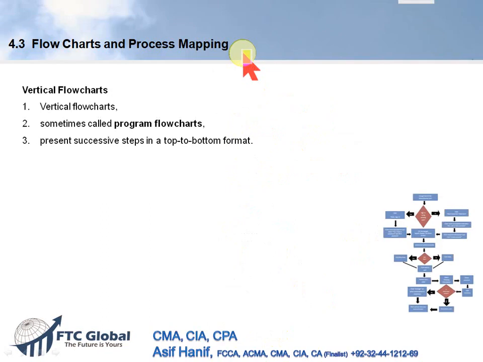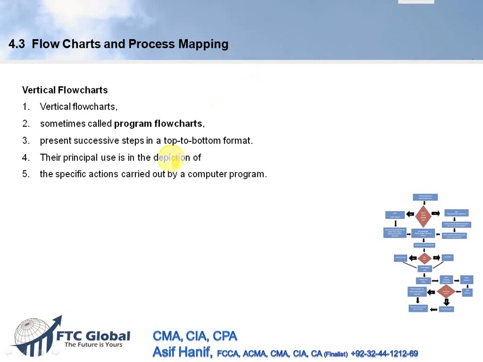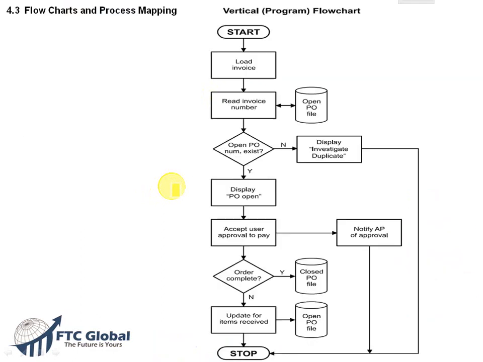We know that it's a program flowchart that starts from top to bottom, and in fact it shows successive steps that a computer process will perform. So they're principally used in the depiction of specific actions carried out by computer programs. So this vertical flowchart is for the computer program instructions that is successive step by step. The flowchart that we've already seen.